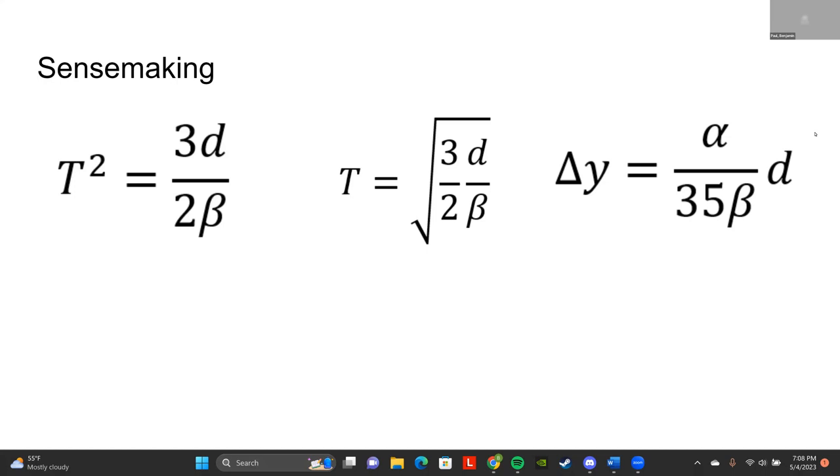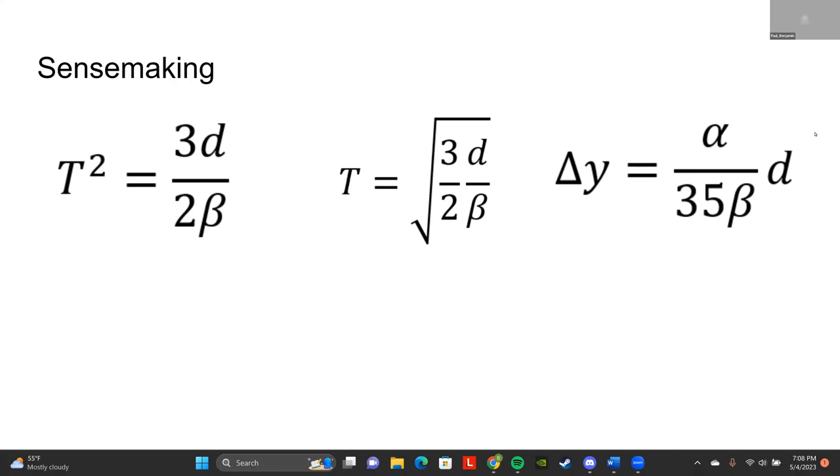Then we had to take the square root to get our equation of big T equals the square root of 3D over 2 beta. Big T gives us how much time the helicopter rover is in the air.